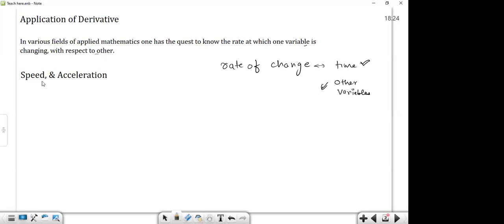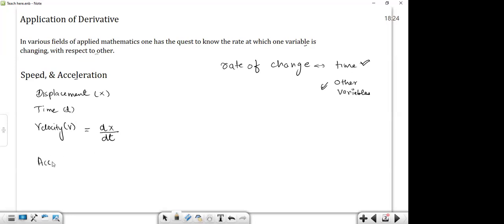So let's discuss one use case of speed and acceleration. As we know, displacement is most of the time represented by the variable x, time by t, and speed, or should I say velocity, by v. So in velocity, what we see is the instantaneous change in displacement with respect to time.